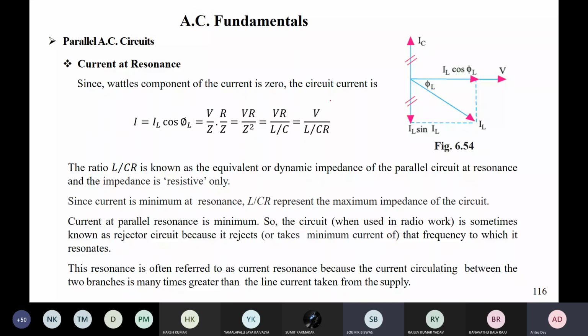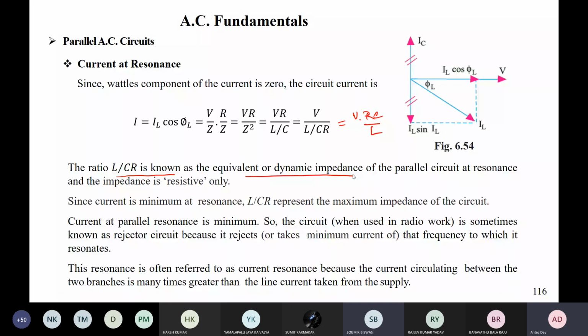So during resonance, your current is in phase with voltage, and it has the expression V by L by CR, or you can write V into RC divided by L. Okay, the ratio L by CR is known as the equivalent or dynamic impedance of the parallel circuit at resonance, and the impedance is resistive only.